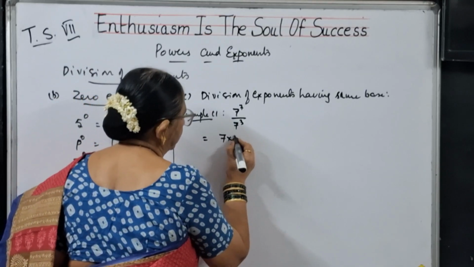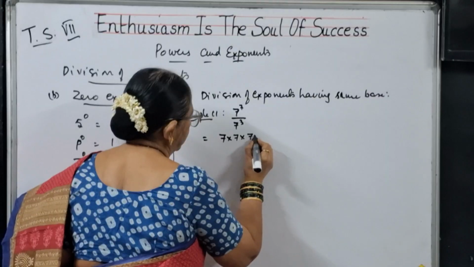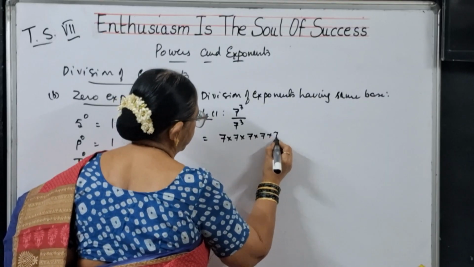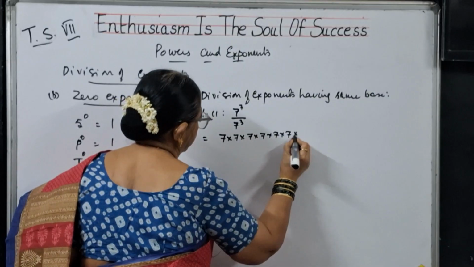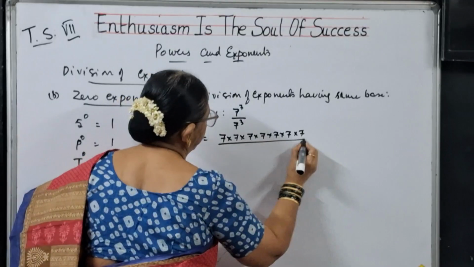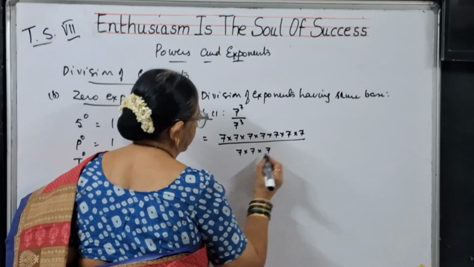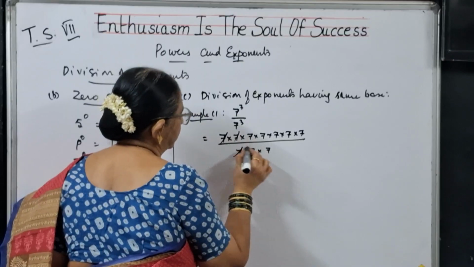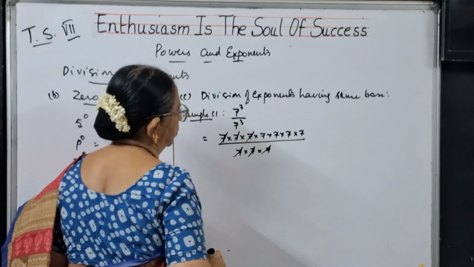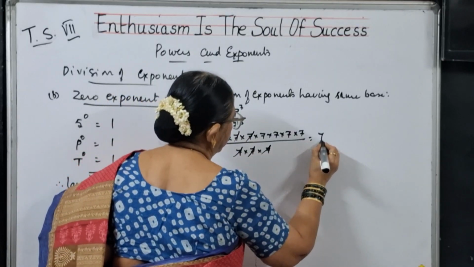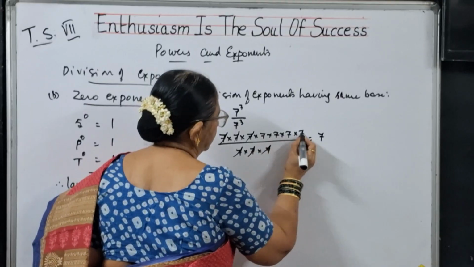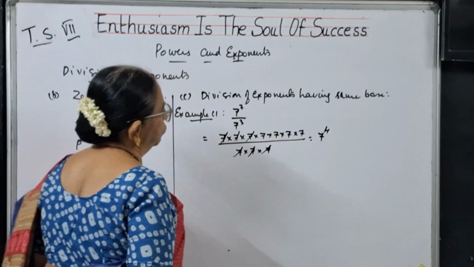This means 7 times 1, 2, 3, 4, 5, 6, 7 by 7 three times, 1, 2, 3. So three 7s will get cancelled. So what are you getting? 1, 2, 3, 4, 7 to the power of 4.